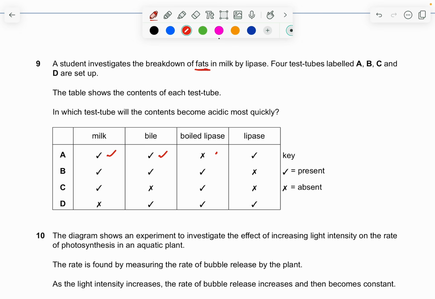You cannot use boiled lipase because boiled lipase has already denatured. So denatured ones, their enzymes are not functional at all. Lipase, yes, because you need lipase to break down the fats into fatty acids and glycerol. So the answer is A.